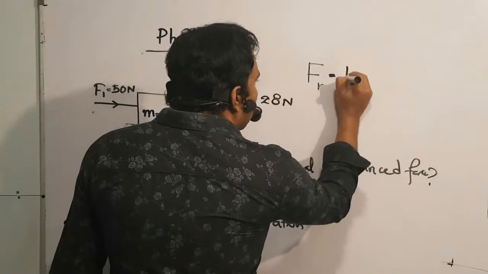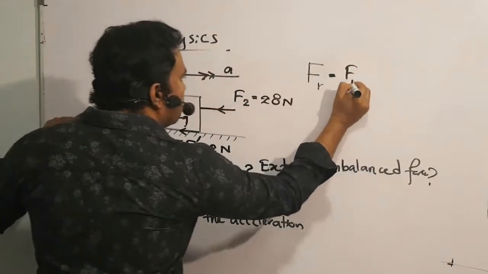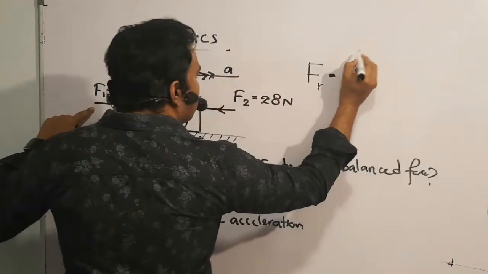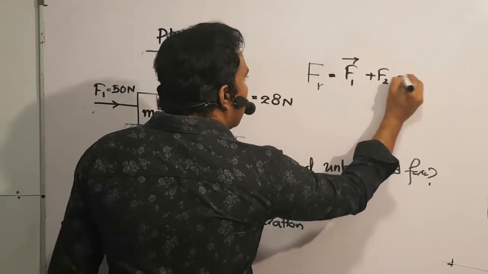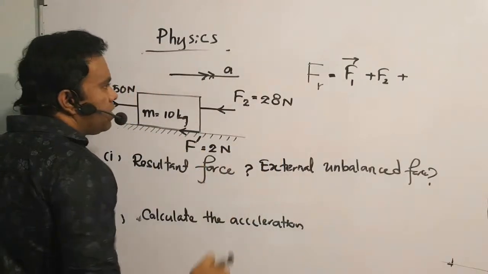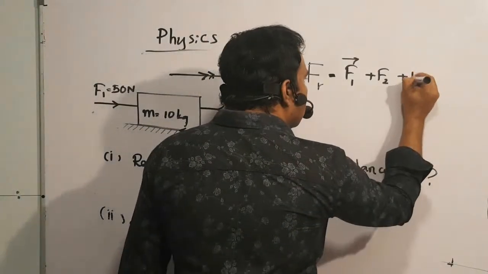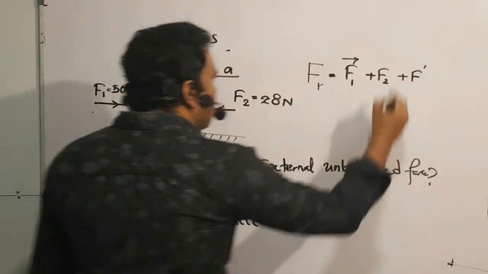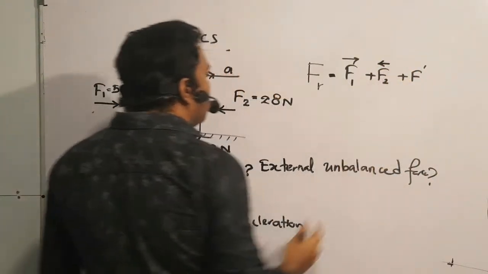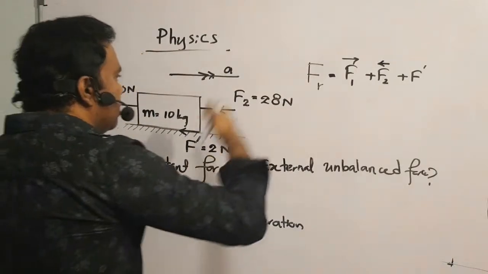So we add them together, F1. That's to the right side. Next one is F2, and F dash is always against the motion. We consider this positive direction.